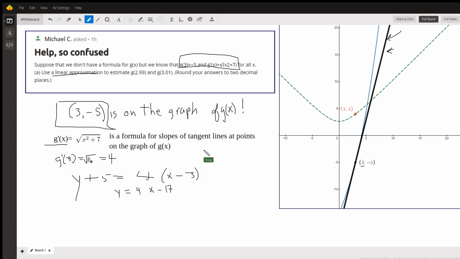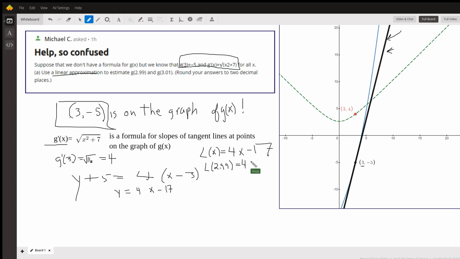And so we can write that. This is what we call linearization. L of x, the linearization of G of x, is 4x minus 17. So if we want to find the value of G of 2.99, we're going to use the linearization function to approximate G of 2.99.